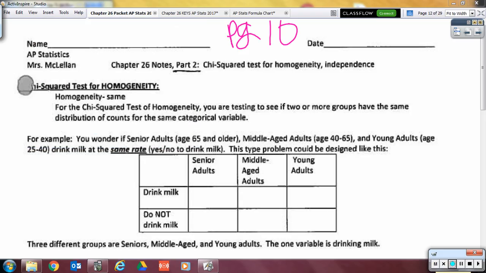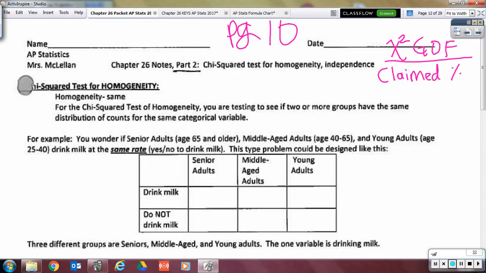So today we're going to talk about the second type of chi-squared test. The one that we did was chi-squared goodness of fit. Let's first review that real quickly so that we know how to compare it to what we're doing right now. When we did chi-squared goodness of fit tests, we had claimed percentages for each type of item in a particular category.